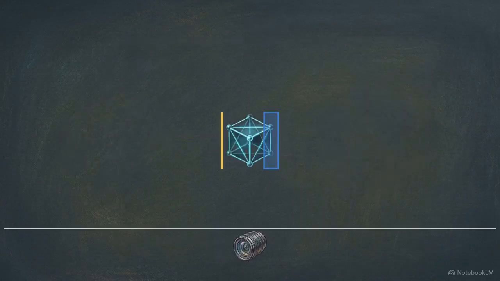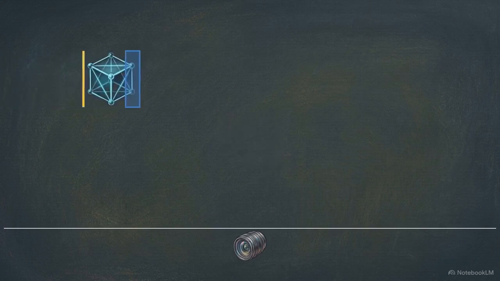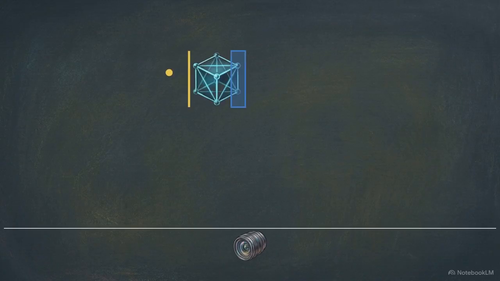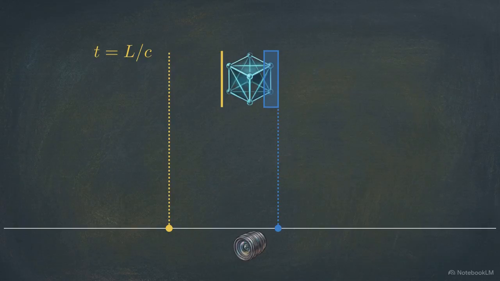In the Weisskopf cube thought experiment, a camera photographs a moving cube of length L perfectly perpendicularly. Light from the rear edge must travel an extra distance of L to catch up. To hit the camera lens simultaneously, the rear photon must be emitted earlier. Specifically, it was emitted earlier by a time interval of L divided by the speed of light.